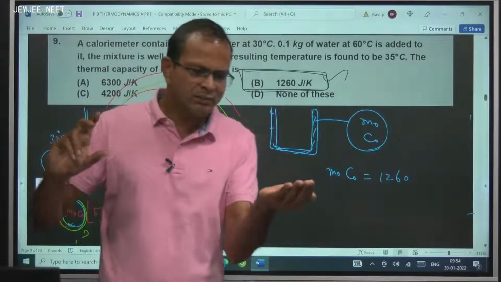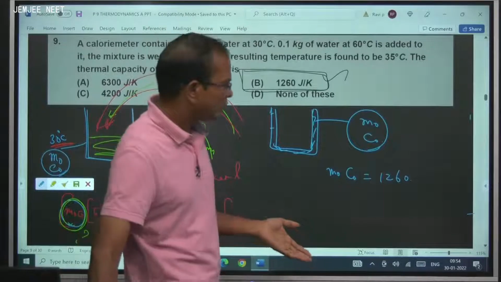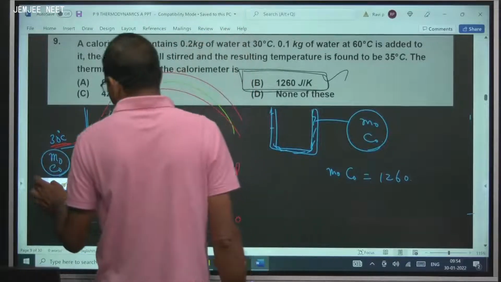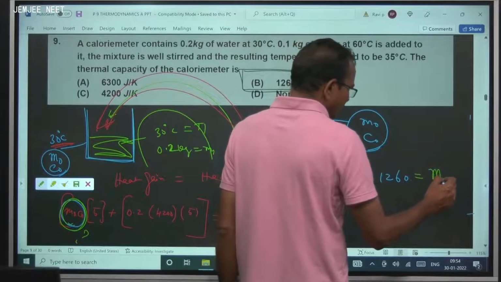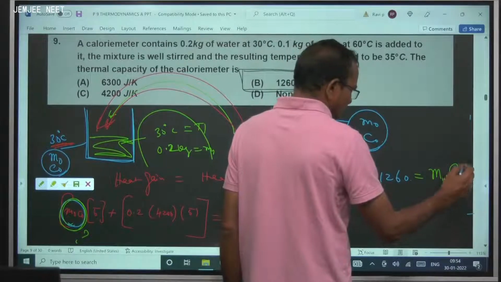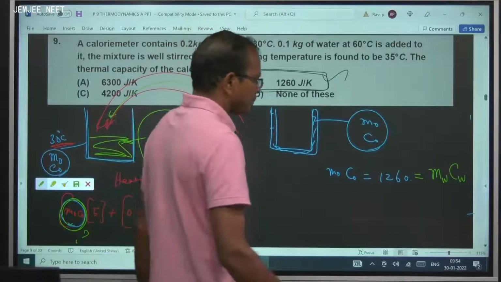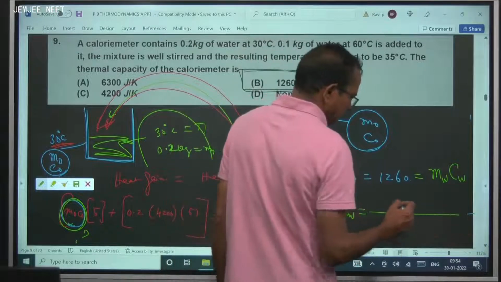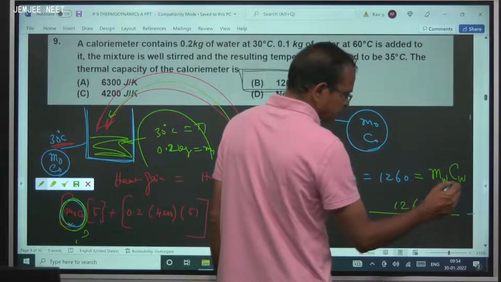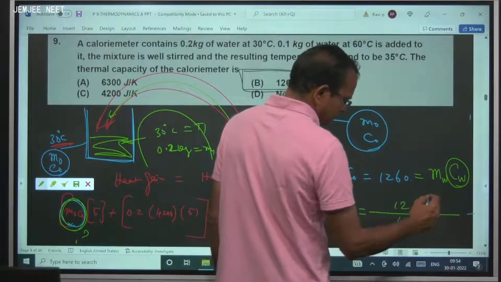I want to collect some quantity of water having the same heat capacity. Then how will it be? Mass of water, specific heat of water. Now, what's the mass of water? 1260, and specific heat of water goes to the denominator, 4200.